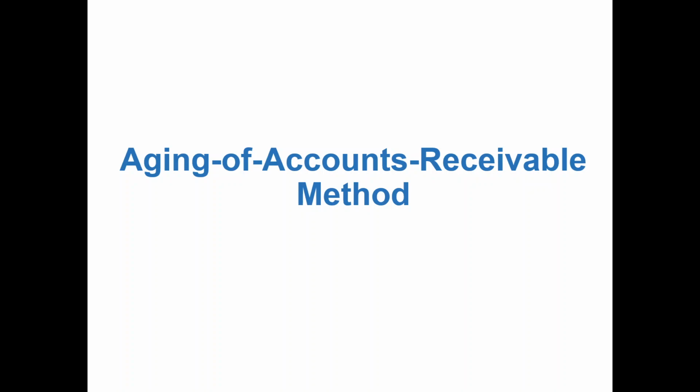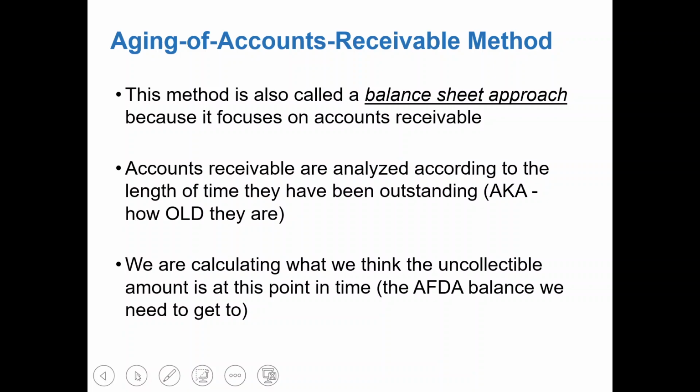Okay, so under the allowance method where we're estimating the allowance for doubtful accounts, one of the methods is aging for accounts receivable, the aging of accounts receivable method. This method is also sometimes referred to as the balance sheet approach. The reason for this is because the calculation that we're going to do focuses on the accounts receivable balances.